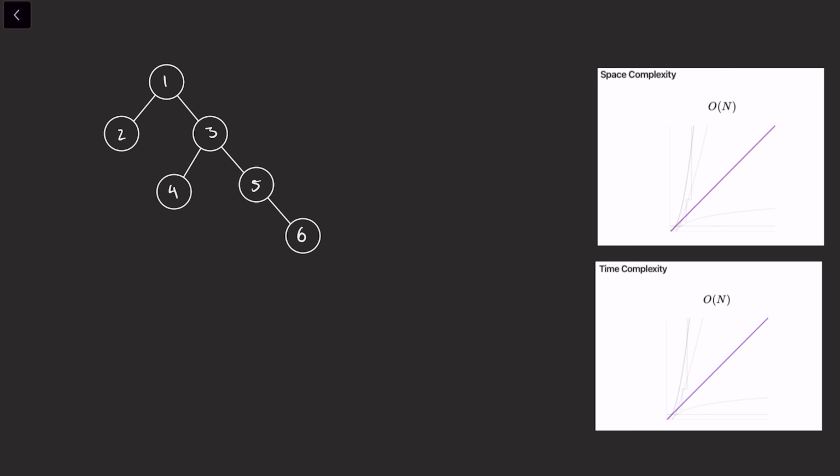For the space complexity, we know that the depth of the recursion stack is proportional to the height of the tree. Therefore, in the worst case, the height of the tree can be as large as O of n, right? So we'll only visit this node, then this node, and then this node, and not again.